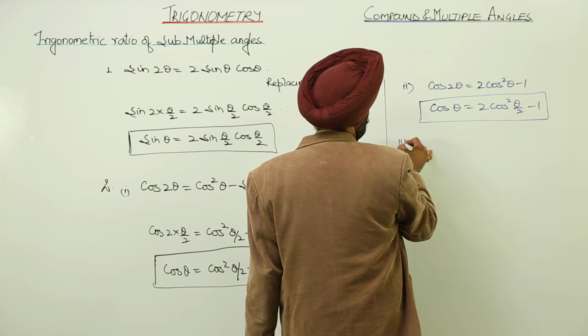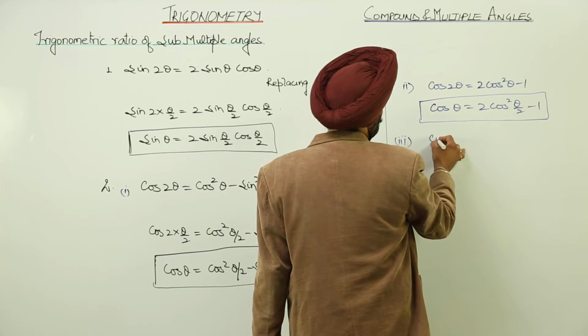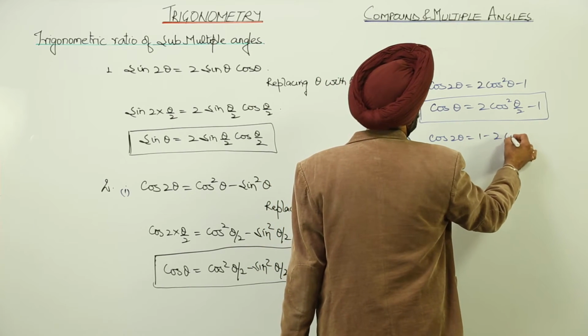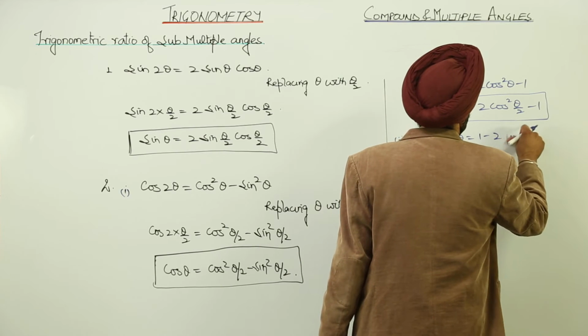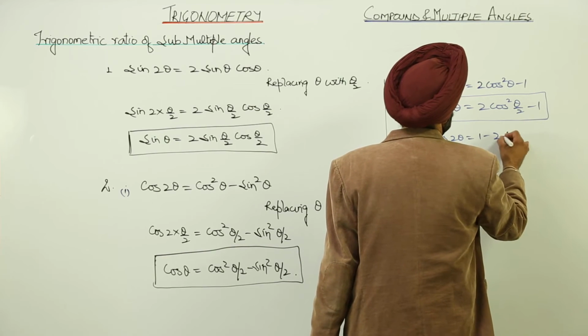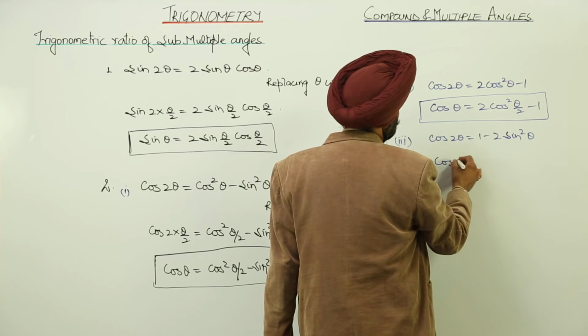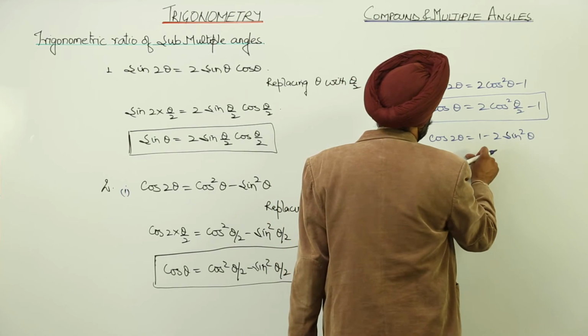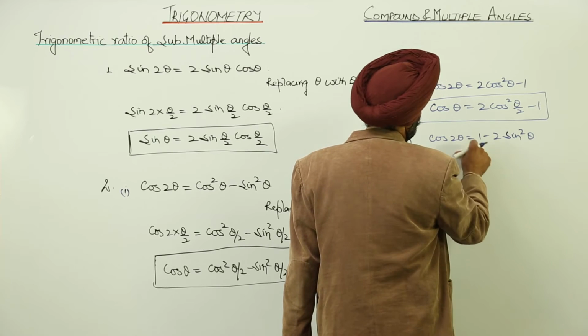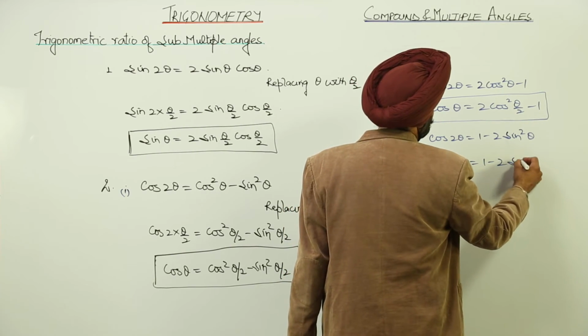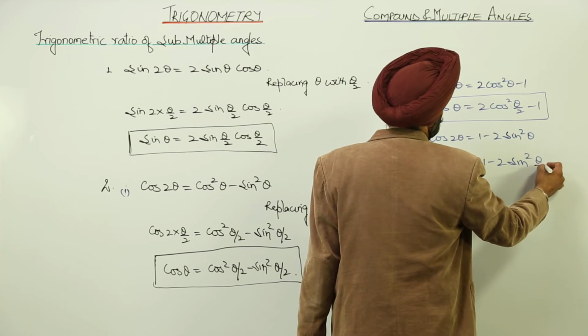Number 3, cos 2 theta is equal to 1 minus 2 sin square theta, and again replacing, cos theta is equal to 1 minus 2 sin square theta by 2.